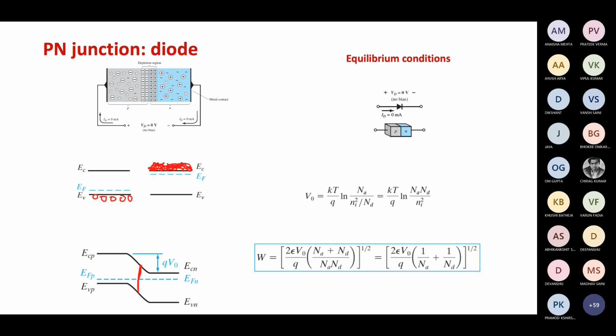So the number of electrons and number of holes both are very less. That's why it is known as the depletion region, because now the carriers are depleted. They are not zero, but they are very small as compared to the bulk, as compared to the number that was there before joining.